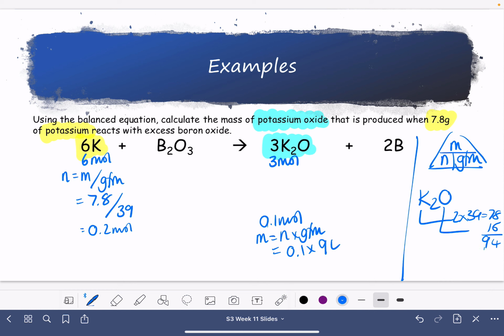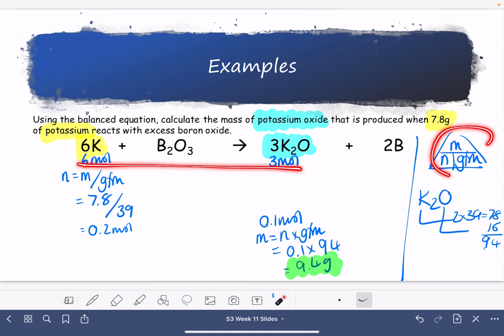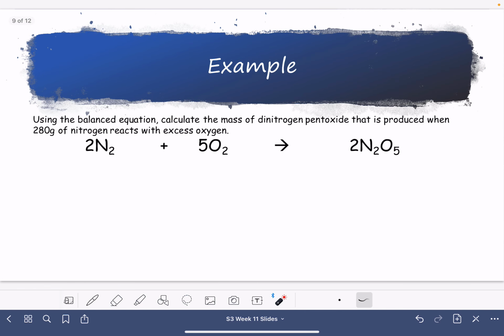So 0.1 times 94, so that's going to be 9.4 grams. And that's our final answer for this one. You'll notice in all of these examples, we're doing exactly the same method. We're just using mole ratio and mole relationship every time.